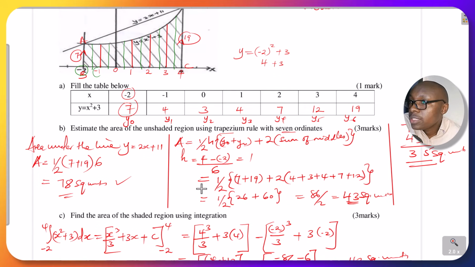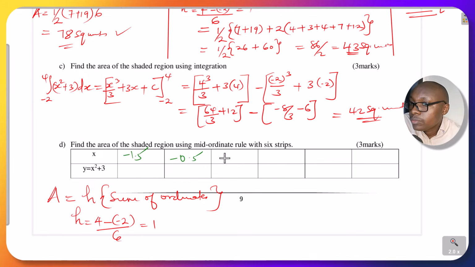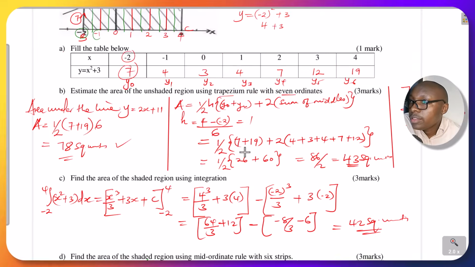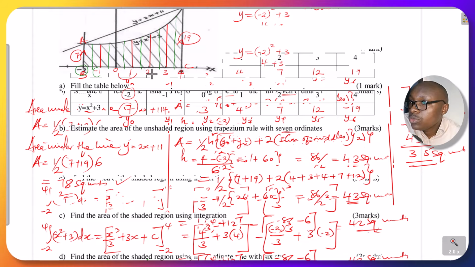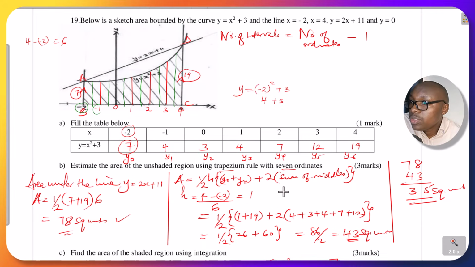Then the next one is from 0 to 1, the midpoint there is 0.5. Then the next one is from 1 to 2, the midpoint is 1.5. And then from 2 to 3, the midpoint there is 2.5.